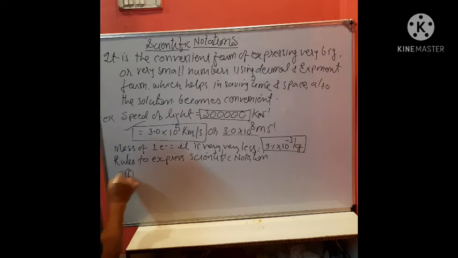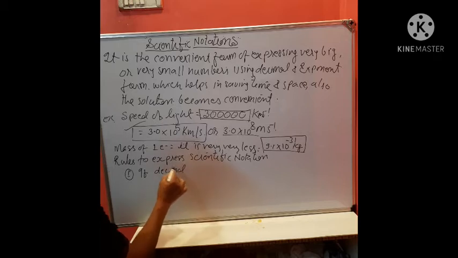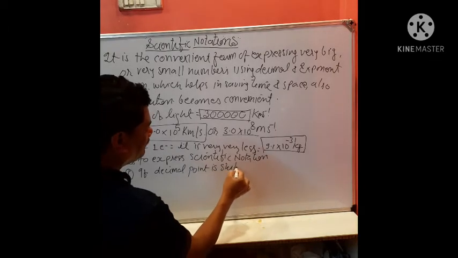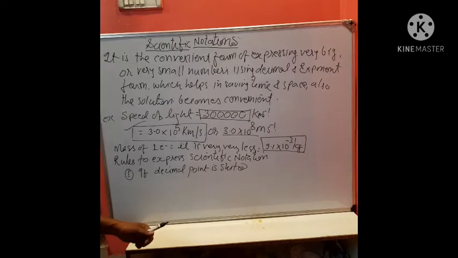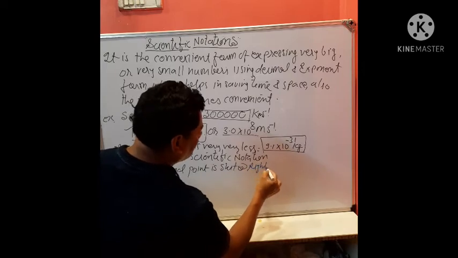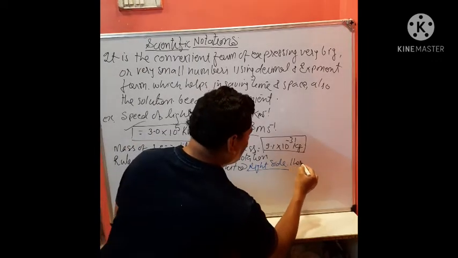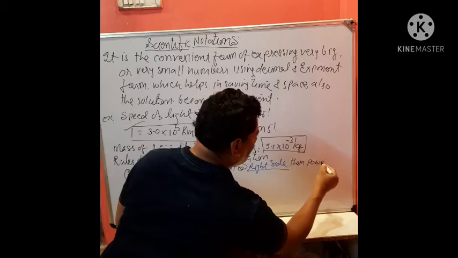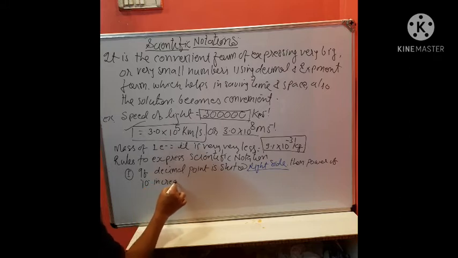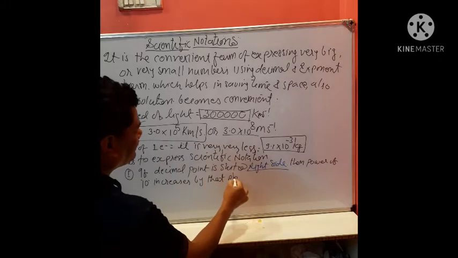So, first rule: if the decimal point is shifted to the right side... if the decimal point is shifted to the left side, then the power of 10 increases by that many places.